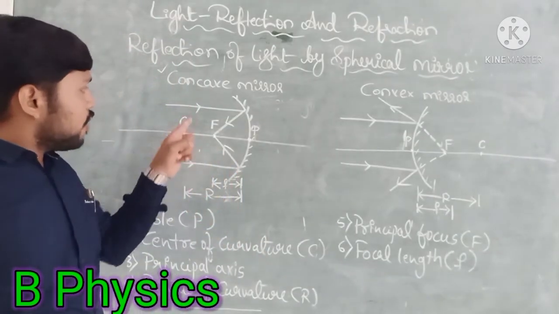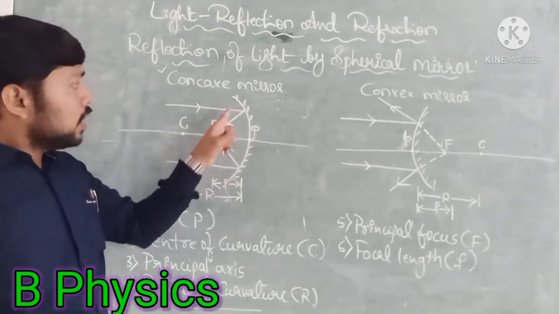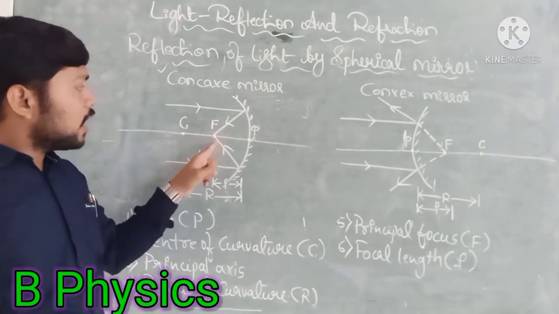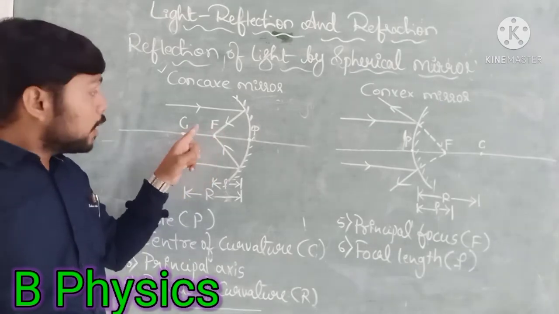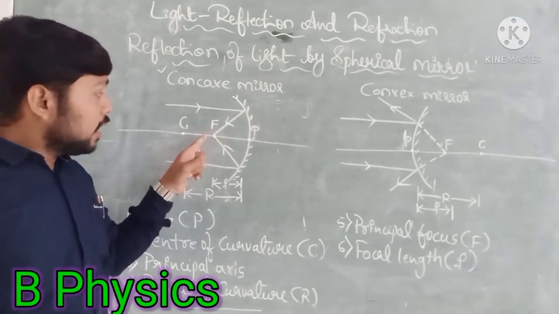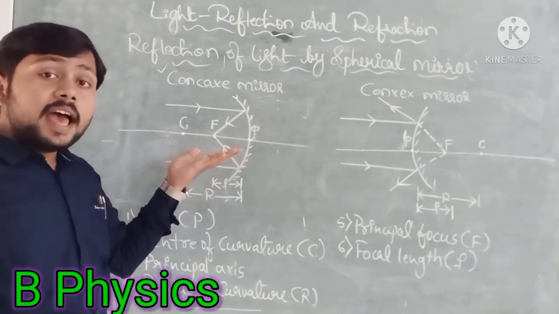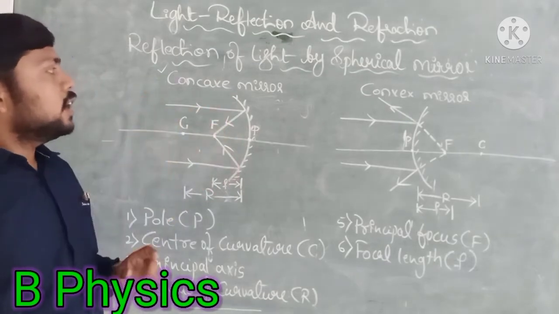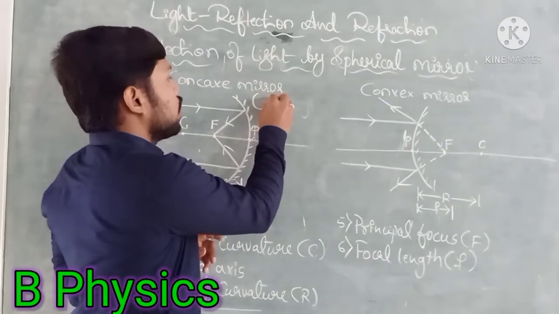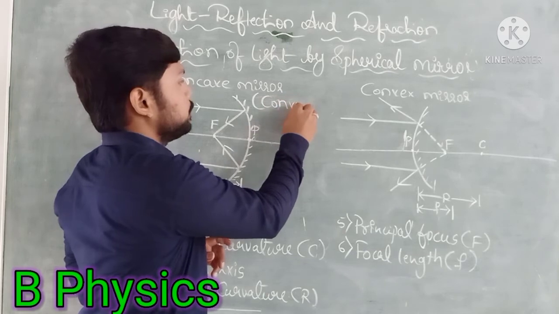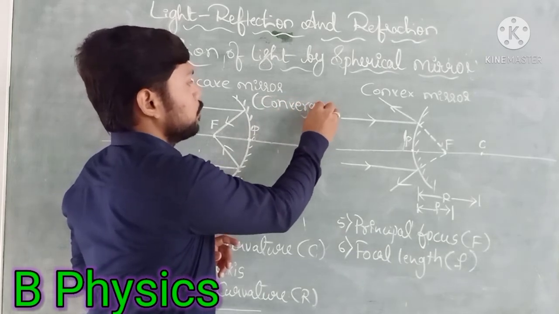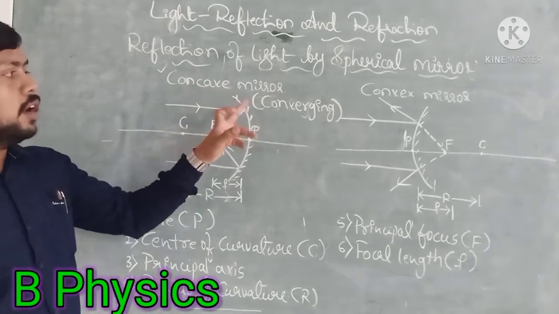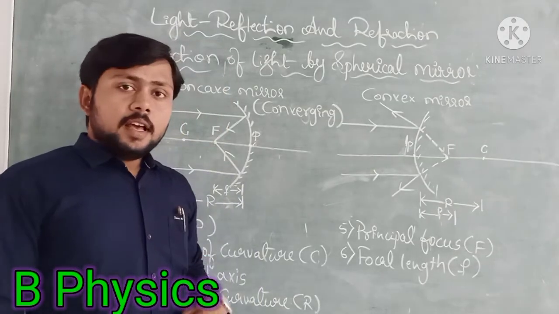See, when a ray of light falls on a concave mirror, after reflection they all intersect or meet at a point on the principal axis. Because of this property, the concave mirror is also called a converging mirror.